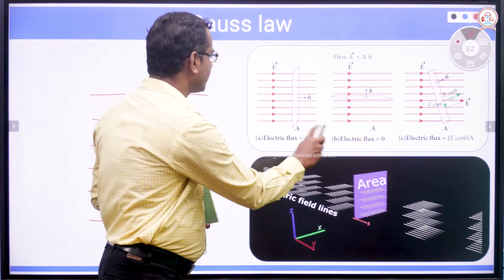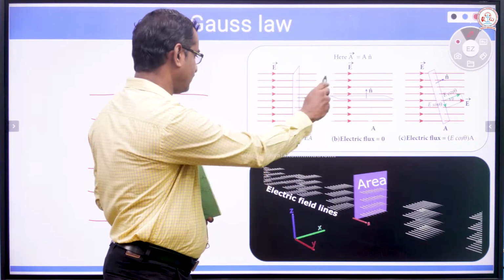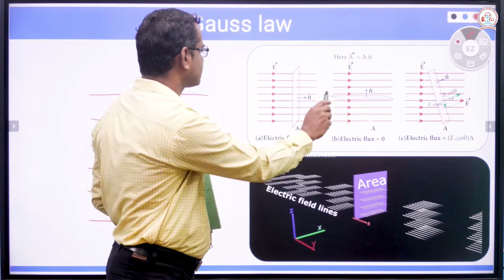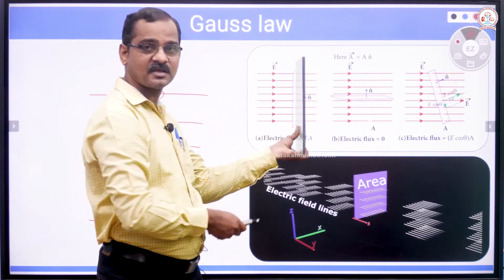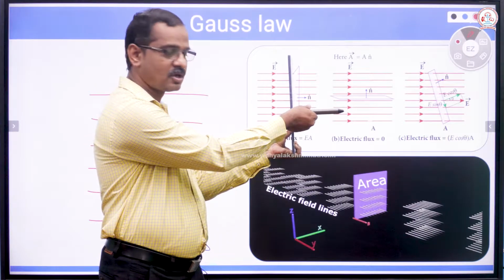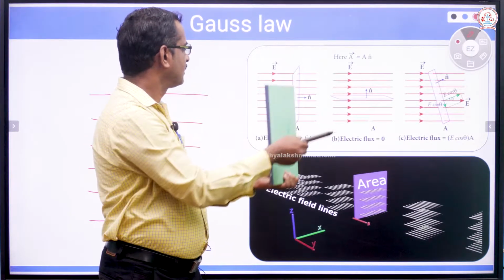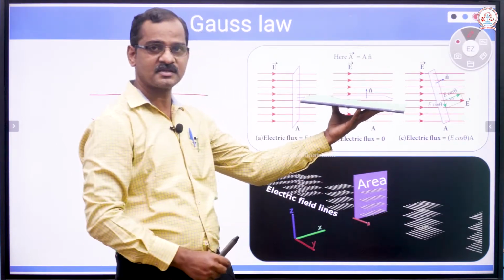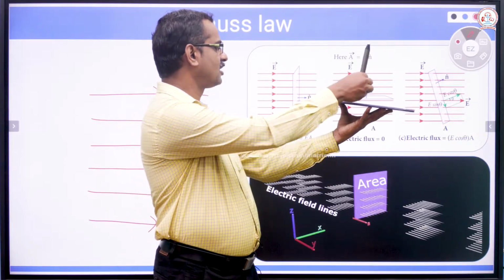You see, these are force lines. Force lines are acting from the minus x to the plus x axis, along this direction. Imagine a surface here like this; this is the normal to the surface. In this case, imagine the surface is kept like this; this is the normal to the surface.